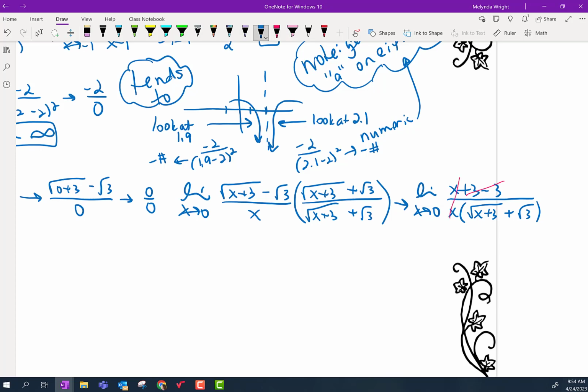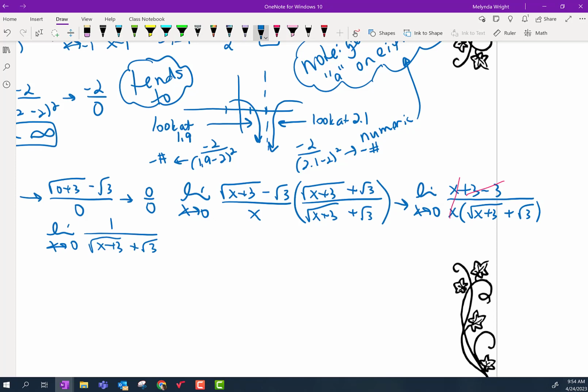So what that leaves us with is the limit as x goes to 0 of 1 over. Now, just because I canceled everything up top doesn't mean that there's nothing up there. That's not a 0 up there. I hope we all remember with our fraction stuff. That's a 1 up there. And on the bottom, I have the square root of x plus 3 plus the square root of 3.